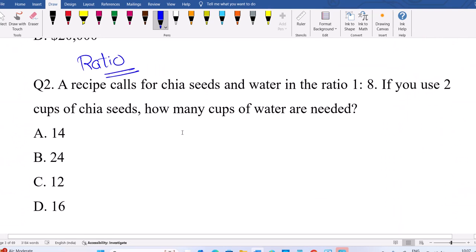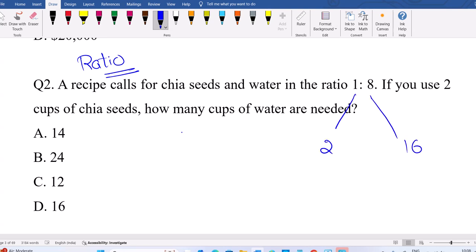If you observe, seeds and water are in ratio 1:8, and seeds are 2, then how many cups of water? If 1 relates to 2, then 8 relates to 16. This is hardly 10 to 20 seconds you can handle.